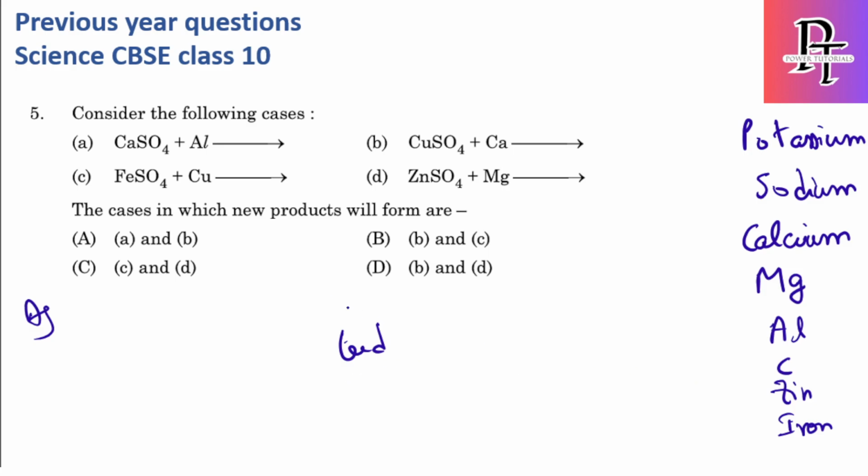So iron, then tin, lead, hydrogen, copper, silver and gold.